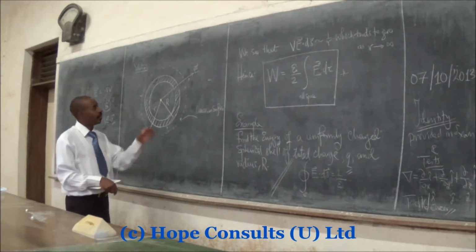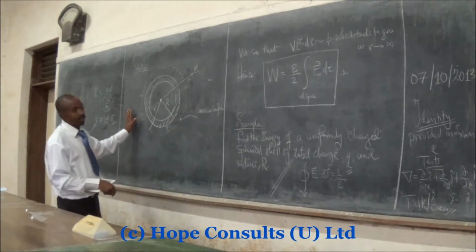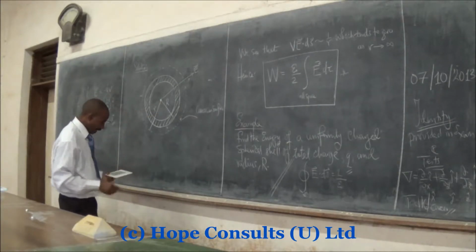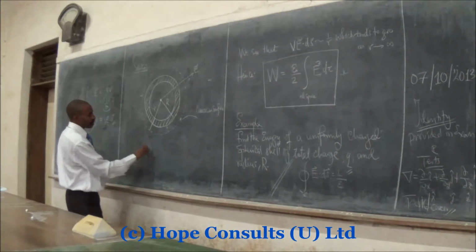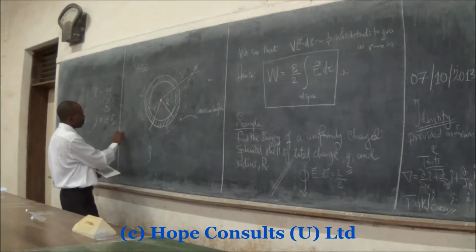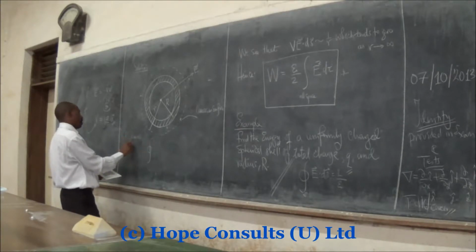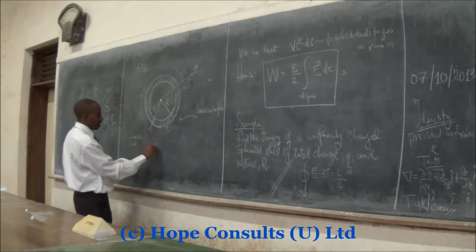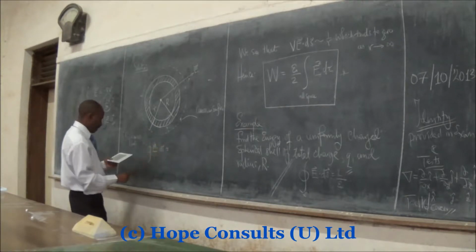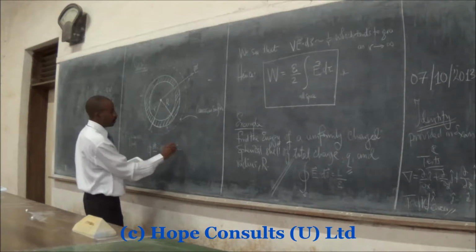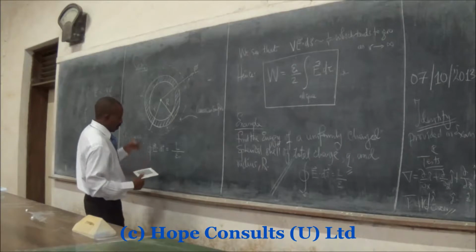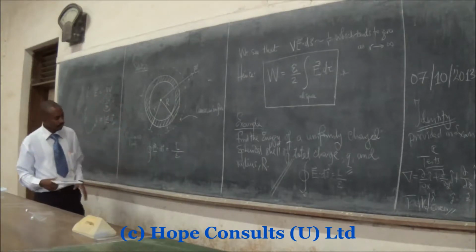As we can see, we haven't been given any other alternative. It's just there in space. So by Gauss's law, our integral E dot ds will be the same as our total charge small q divided by epsilon naught.